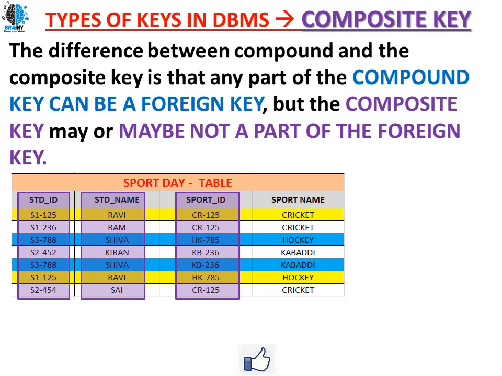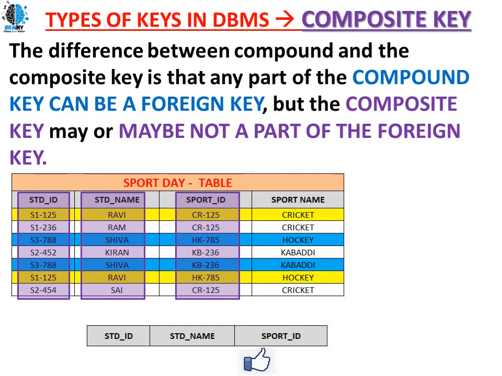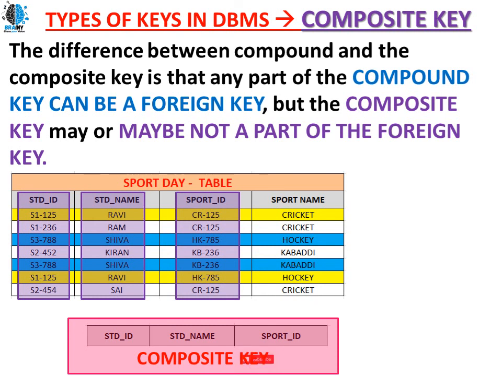So the combination of student ID, student name, and sport ID is a composite key. Clear with this? So the composite key may or may not be part of a foreign key, whereas a compound key must be a part of a foreign key. So this is all about our composite key.